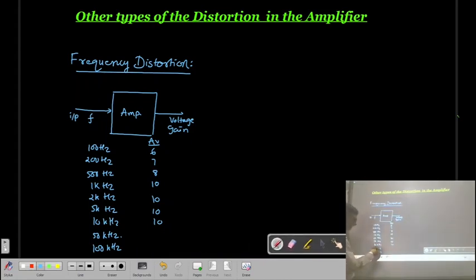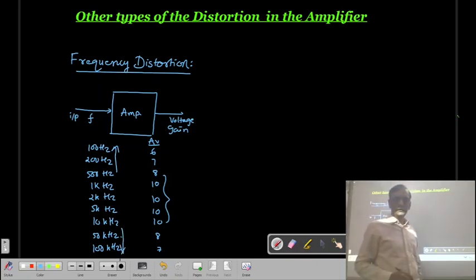Remember, if I increase the frequency further, this gain decreases, becoming 8, then 7. So the amplifier is not giving an equal response to all frequencies. For a particular range of frequency, the gain is maximum. For the lower frequency as well as for the higher frequency, the gain of the amplifier is decreasing.